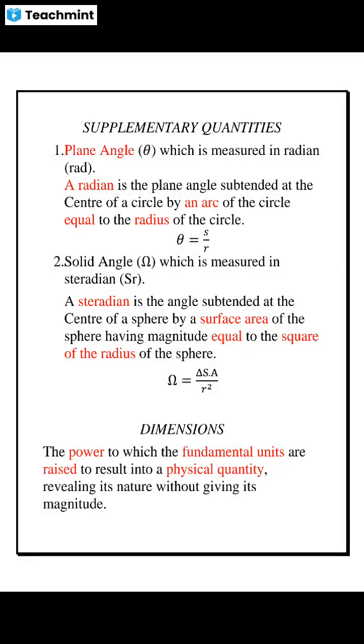You will see later what I mean by dimensionless. They are just measuring angle. Plane angle is measuring angle in a circle, while solid angle is measuring angle in a sphere. So we're not going to spend so much time there.